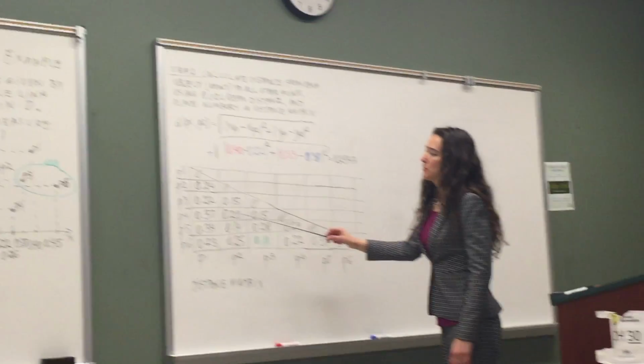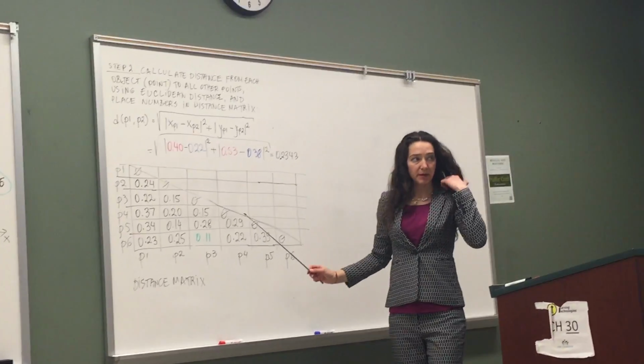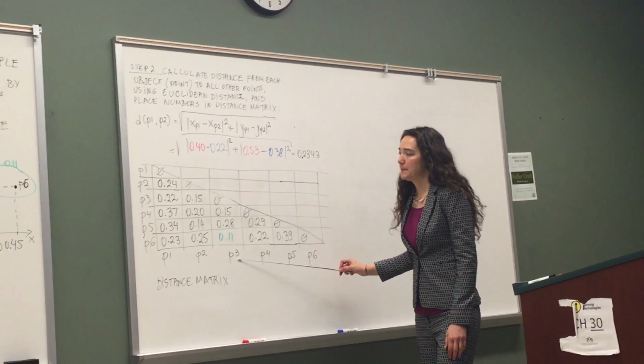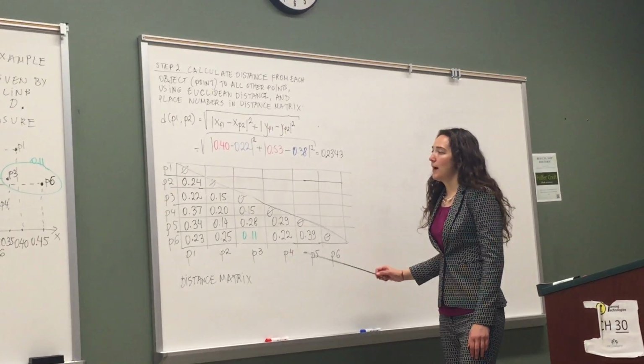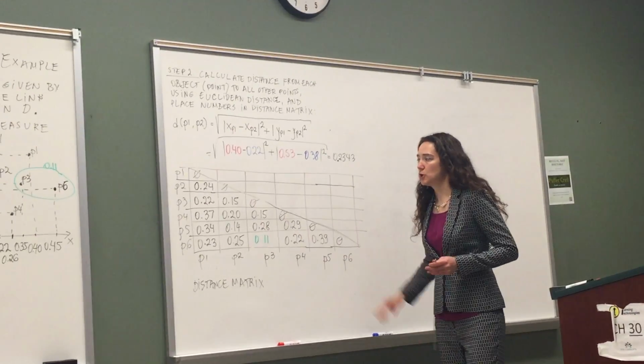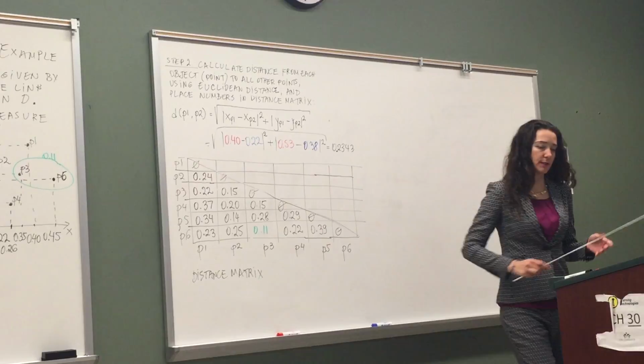some of the columns and rows from the matrix disappeared because they were removed. Because we no longer have P3 and we no longer have P6 because they are one now. So we need to redo our distance matrix.